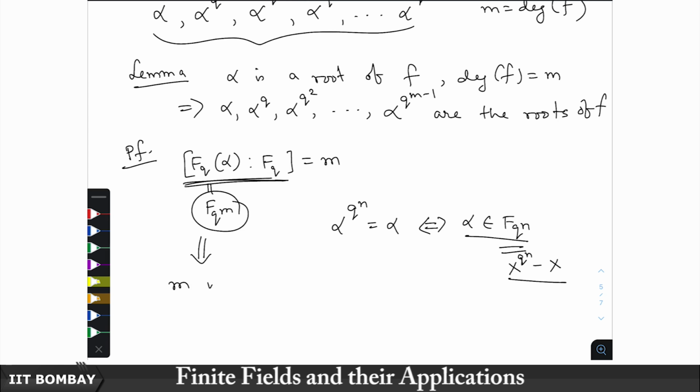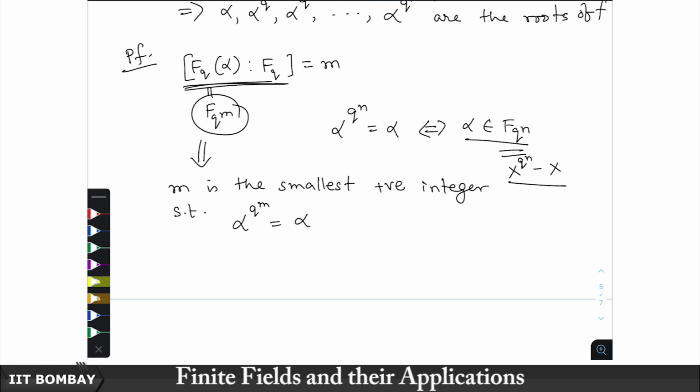m is the smallest positive integer such that alpha power q power m is equal to alpha.